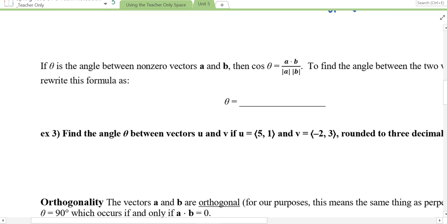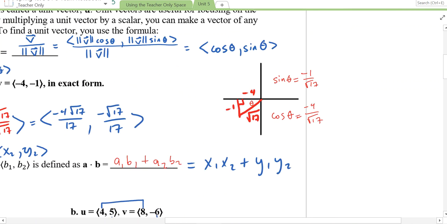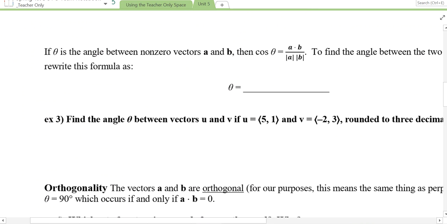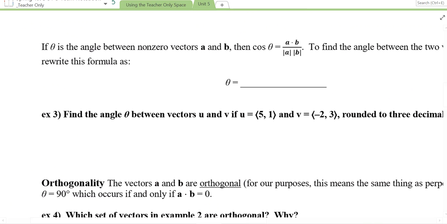All right, so if we want to find the angle between those two vectors, remember when you were drawing those vectors and finding the resultant, there was an angle associated with it. Remember back when we were doing our right triangles? There's an angle associated with all this stuff. So if we want the angle between two vectors, we did a little bit of that before, but this is really specific to vectors and it's using what we've already learned.